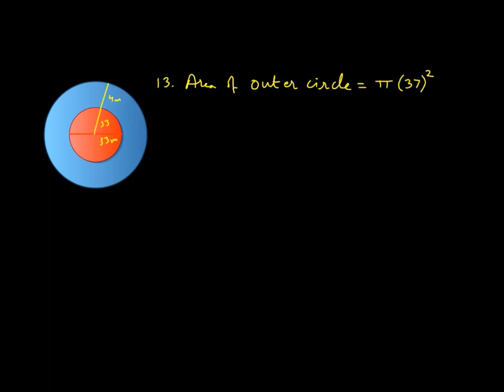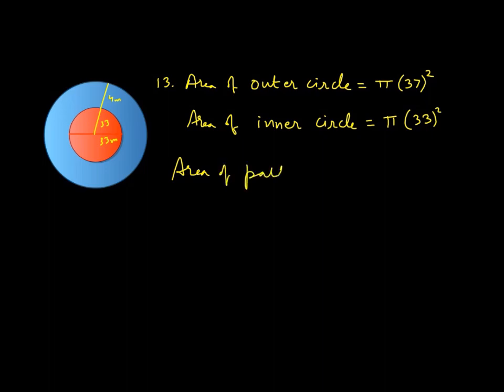In the same way, area of the inner circle, that is the red colored circle, is pi into 33 square. So area of path will be the difference of these two.